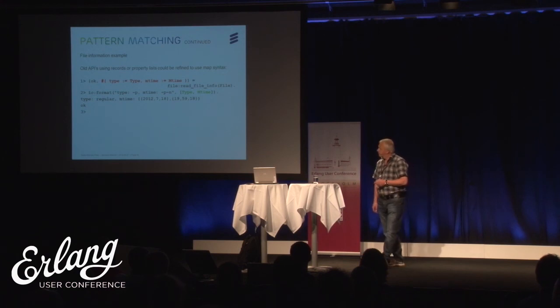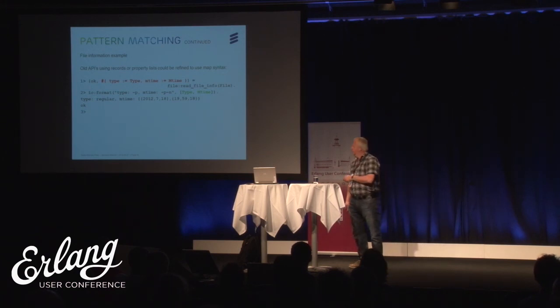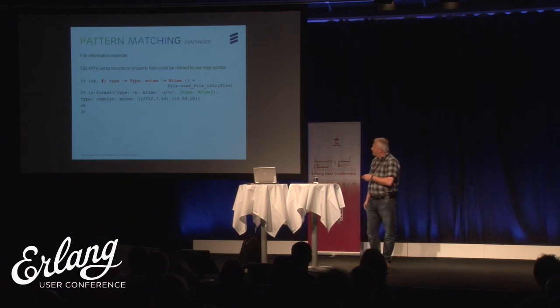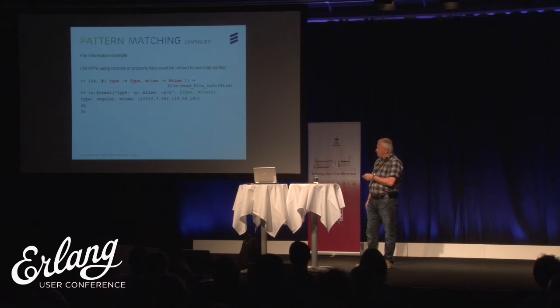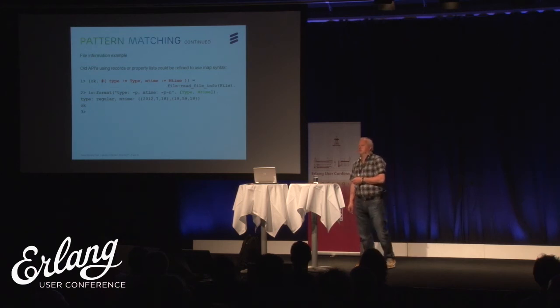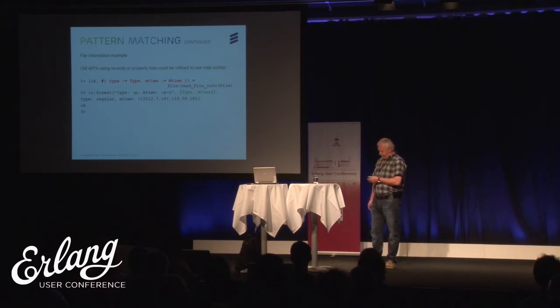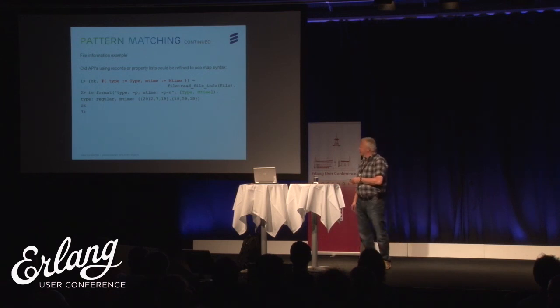Another example of pattern matching is here. Suppose that this file read file info already exists today, but it returns a record today. Suppose we change what it returns to a map, which would be convenient because you would then not need the include file anymore for the record definition.